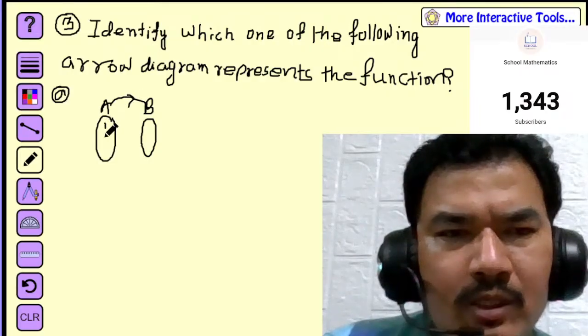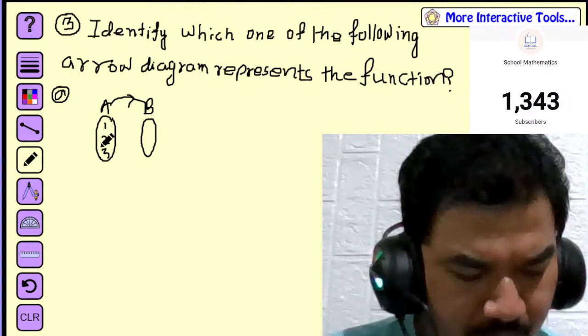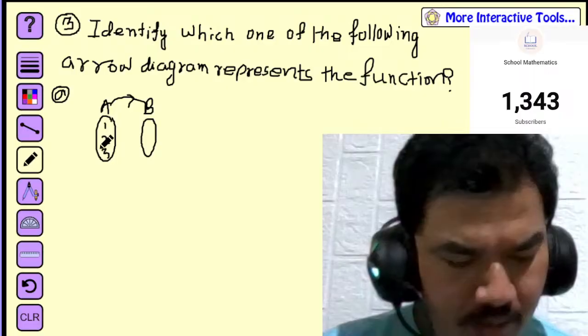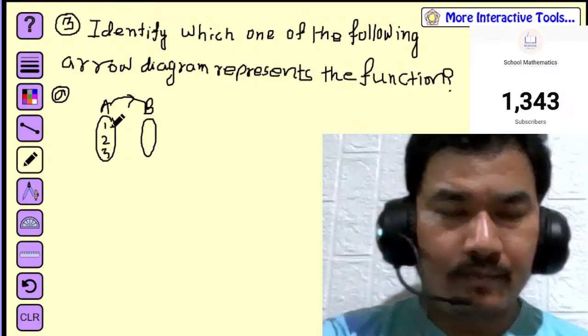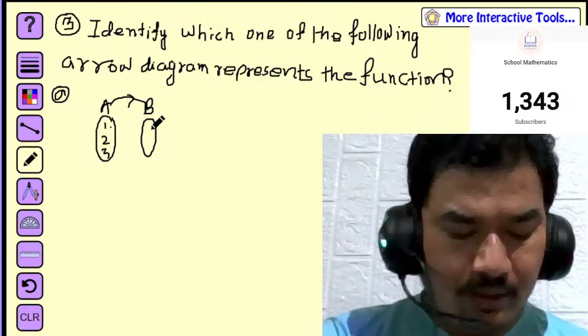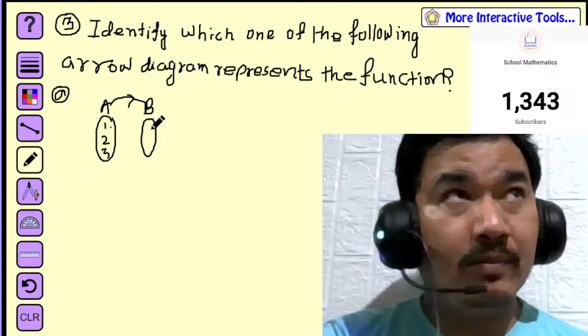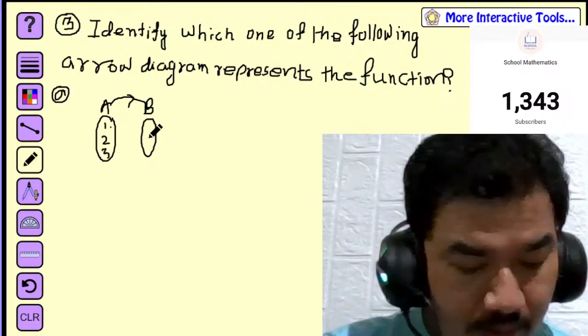And suppose there are three elements, one, two, three, like this, and here there is also an element.